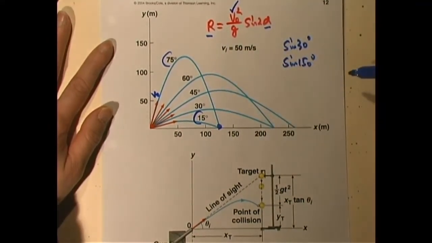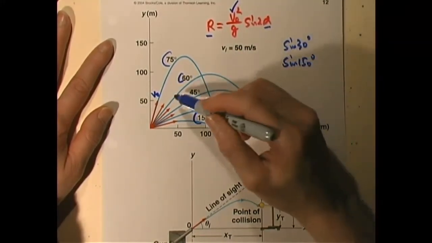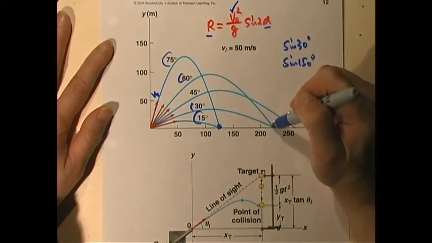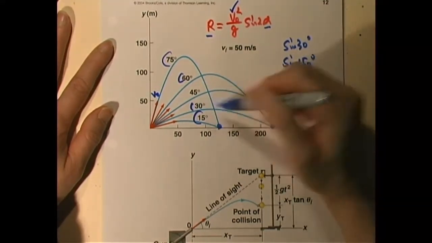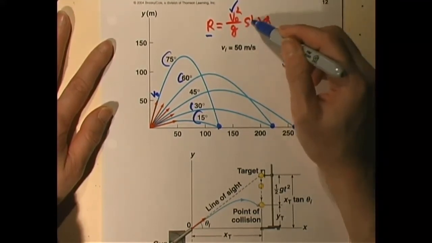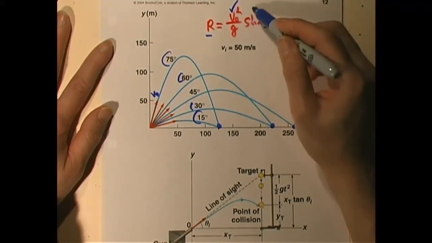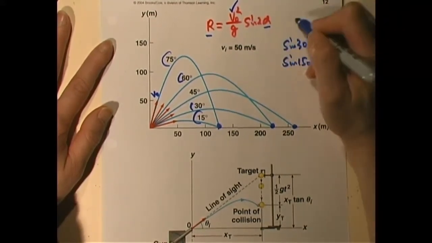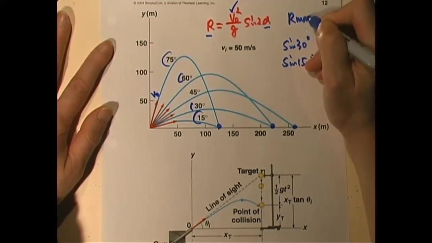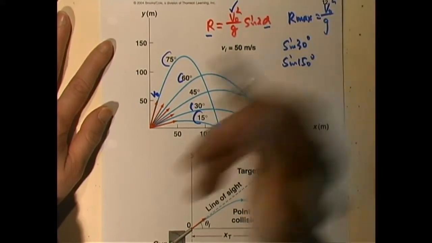You can use this example to think that 60 and 30 will hit the same point too. 45 will have the longest x distance because when alpha is 45, sine of twice 45 is sine 90, that's 1. So the max value, R max, you can ever have is v_0 squared divided by g, because sine is equal to 1.